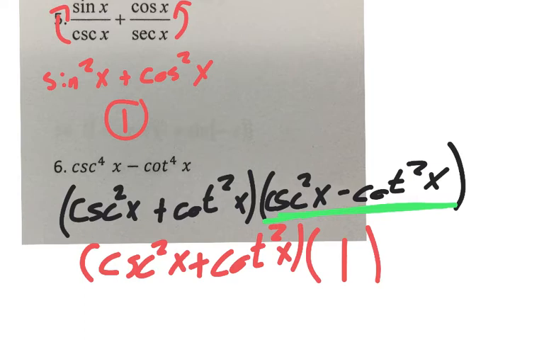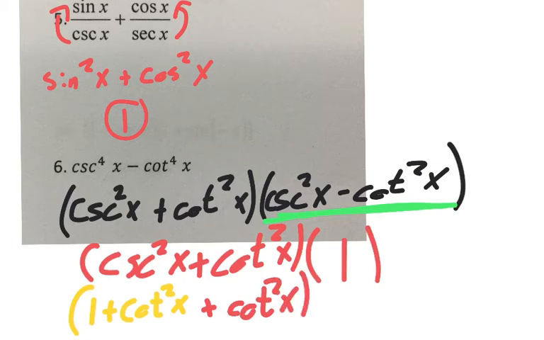Cosecant squared is just 1 plus cotangent squared. So right here where I had cosecant squared, I could substitute in a 1 plus cotangent squared for cosecant squared. And then I've still got the plus cotangent squared from the original problem. You see what I'm talking about?